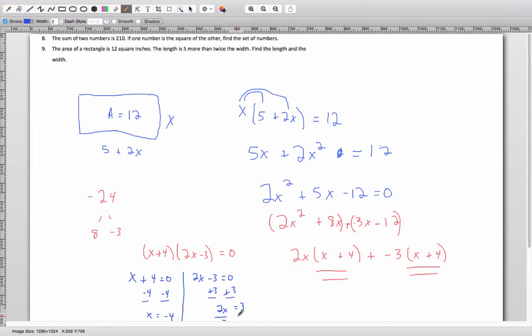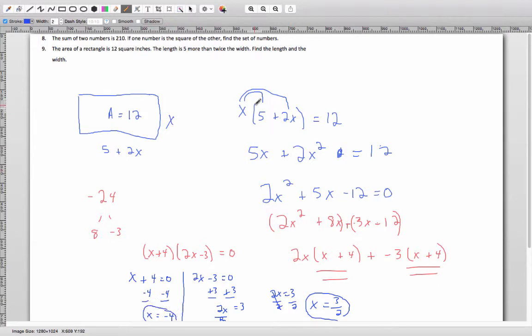Divide by 2. I'm running out of room here, I'll write it over here. x is equal to 3 over 2. Done. So your solutions are 3 over 2 and negative 4.